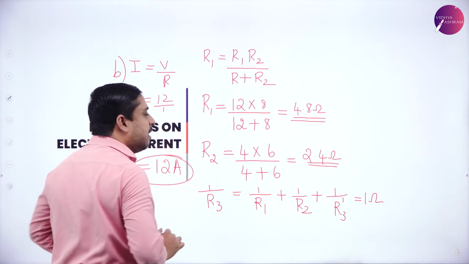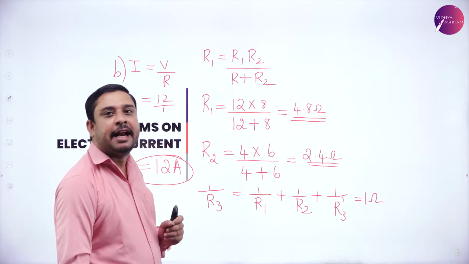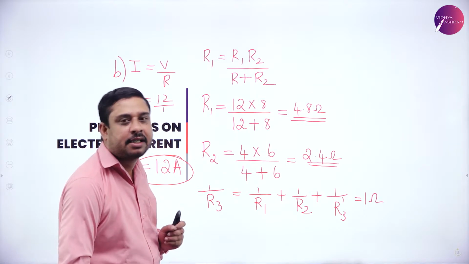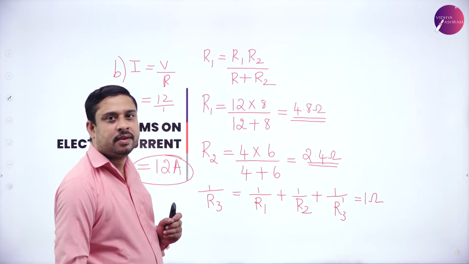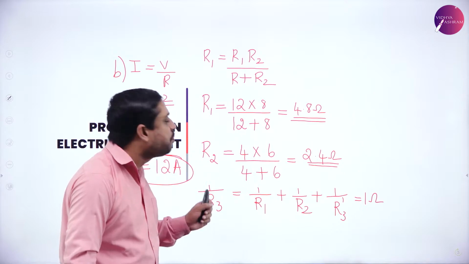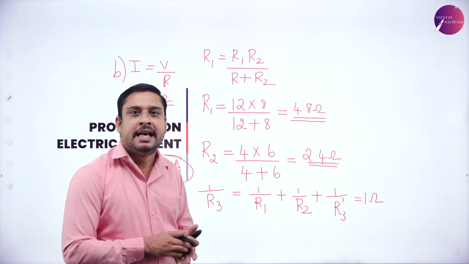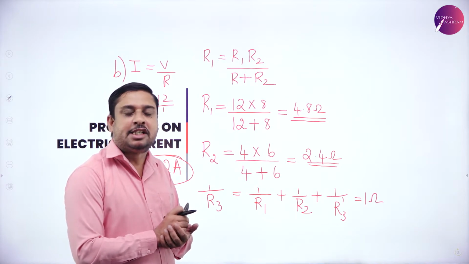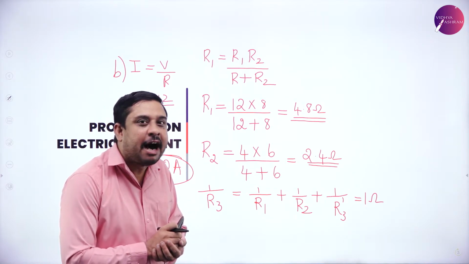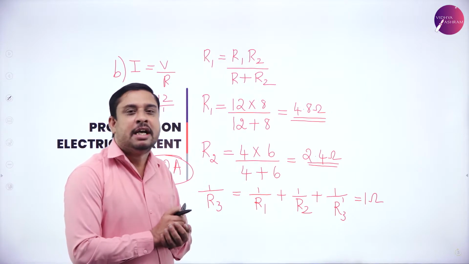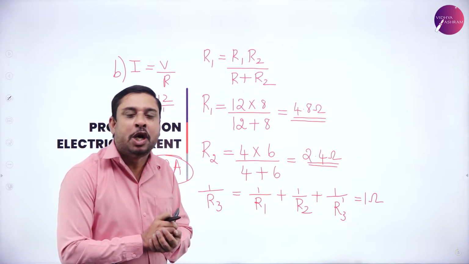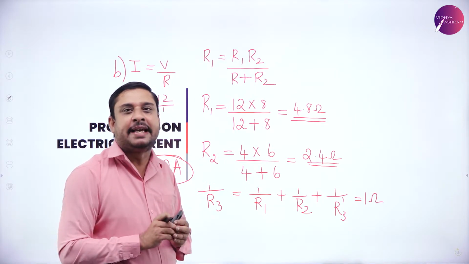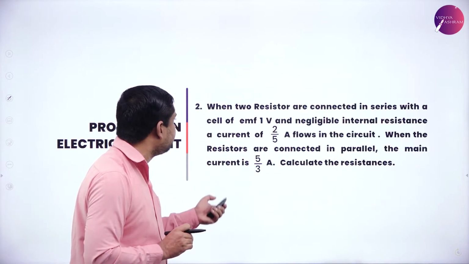So this is the main current which flows through the circuit. And the third part of the question is to calculate the current flowing through the 3 ohm resistor, which you will be simplifying as assignment.